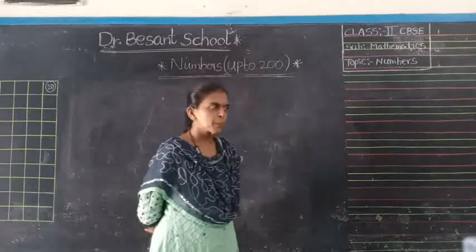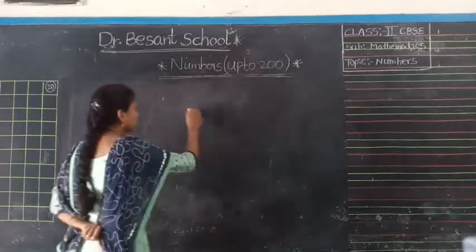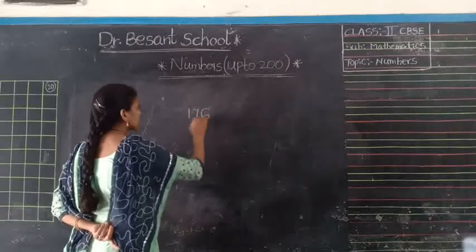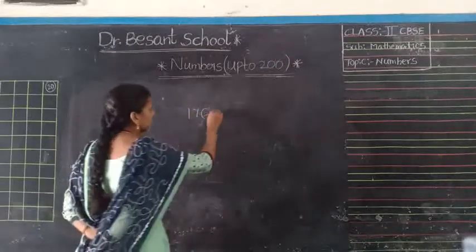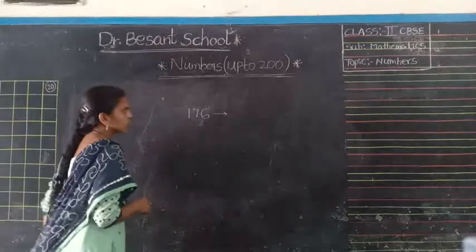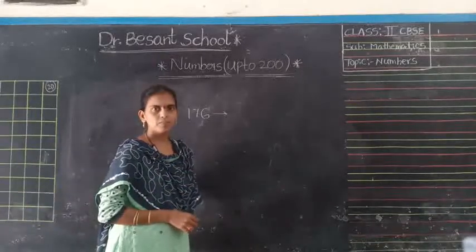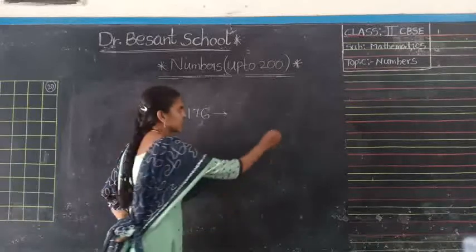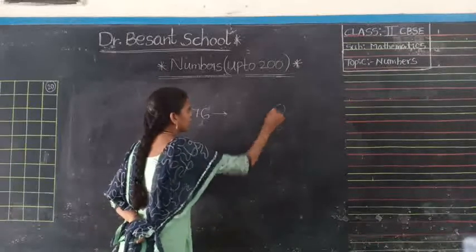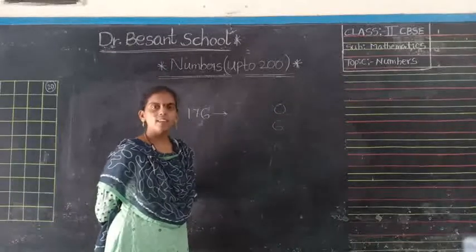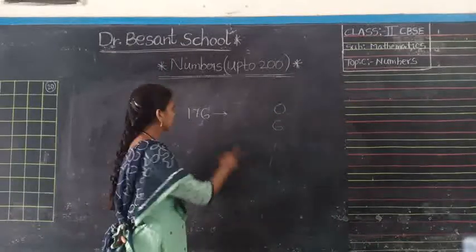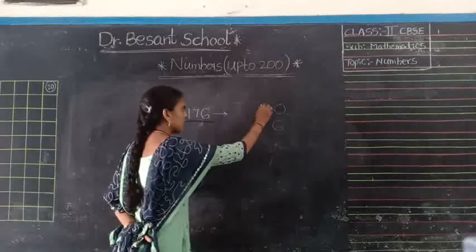Okay, let me ask you one question. How can you represent 176 on an abacus spikes? Tell me the digits in ones place first. 6. Very good. Digit in tens place? 7.